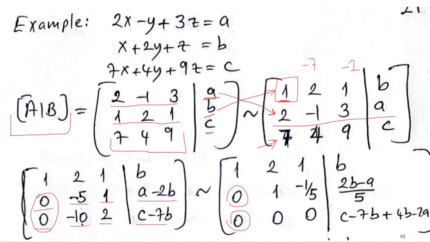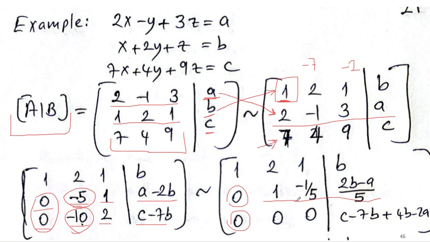In the next step, we want to get this term also equal to 0 with similar row operations. One of the things you can do is make this leading term equal to 1 by dividing everything by -5. If you divide everything by -5, this becomes -1/5, and here you also update.